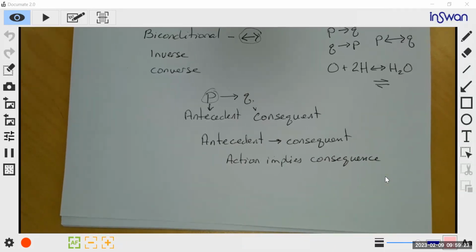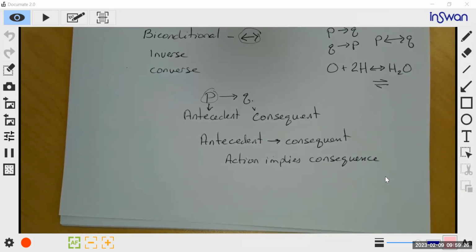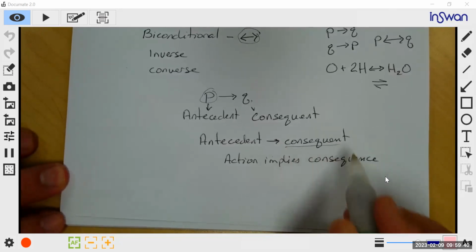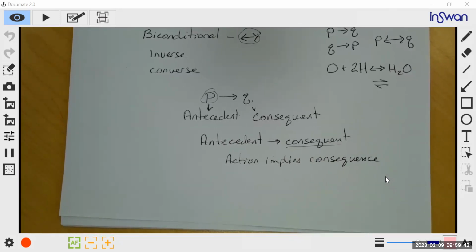You ever hear that? An action implies a consequence. For every action, there's a reaction.